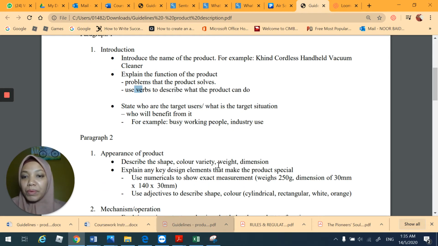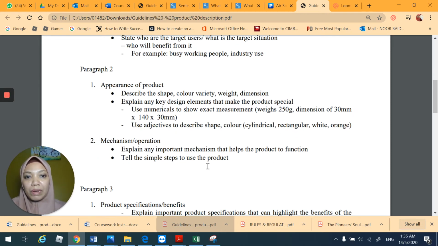Paragraph 2, appearance of the product. Remember, we talk about the physicality of the product. You will talk about the shape, the color variety, if applicable, the weight and the dimension. Remember, your product description is technical in nature, so you have to be very specific about the appearance.